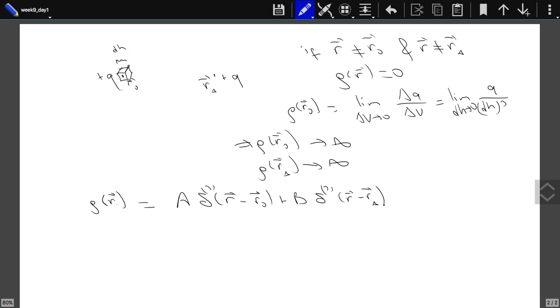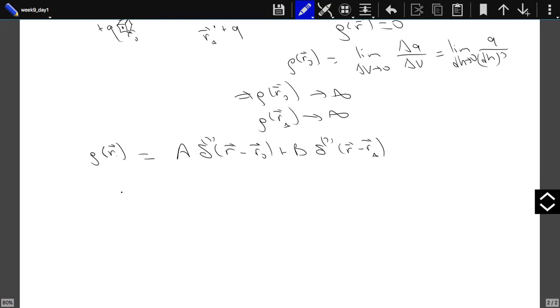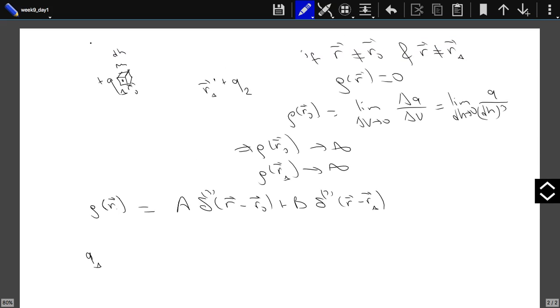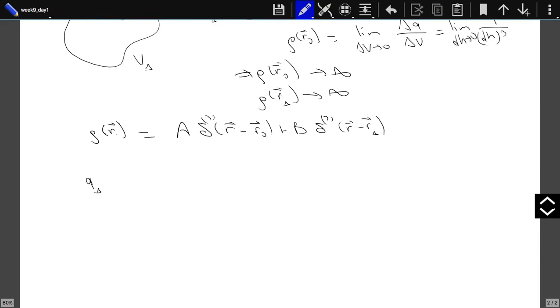Now we have to determine what these A and B are. So let's just use the definition. So we have a plus Q. Let me call them Q1 and Q2. We can give them whatever names we want. Q1, let me just imagine this volume over here, V1.